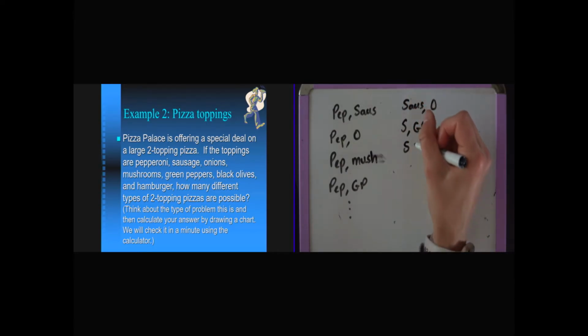I'd have a sausage mushroom. If I was organized, I'd have those flipped. Sausage, mushroom, green pepper, onions, and then black olives. Then I would keep going, matching up everything with everything else.